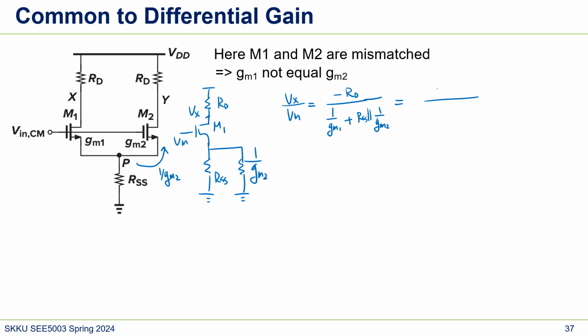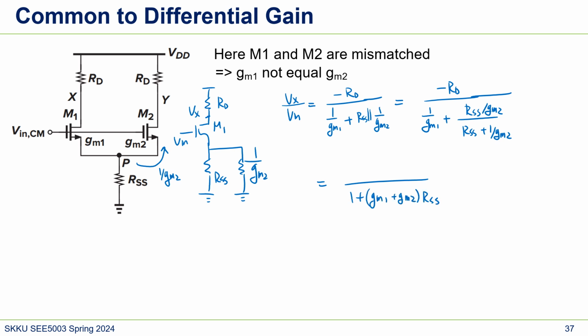So this will be minus RD, and then if we just make it neat, it will be this and minus RD.